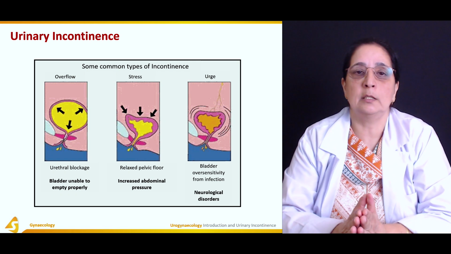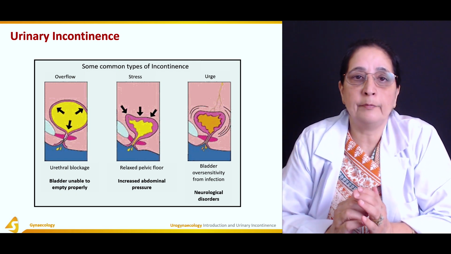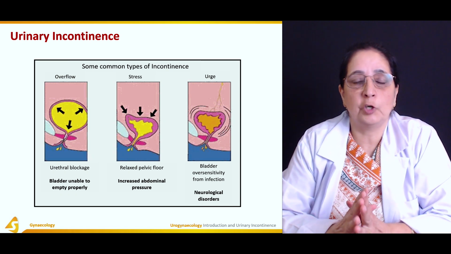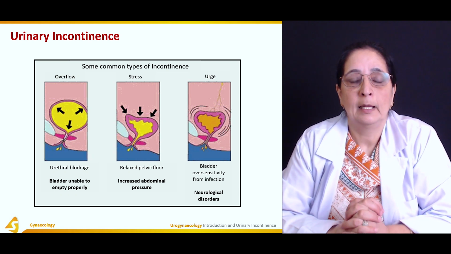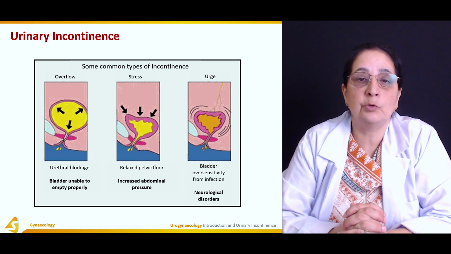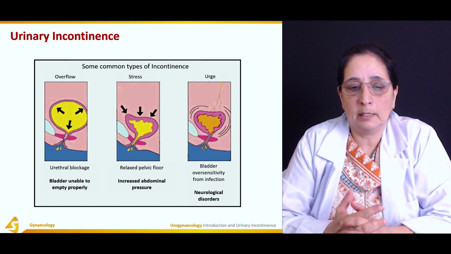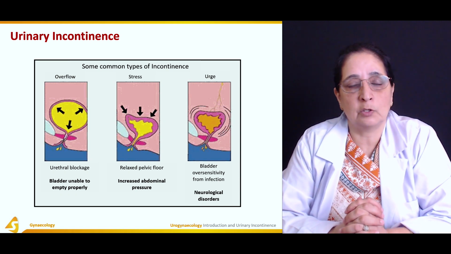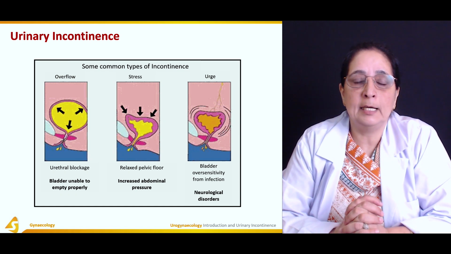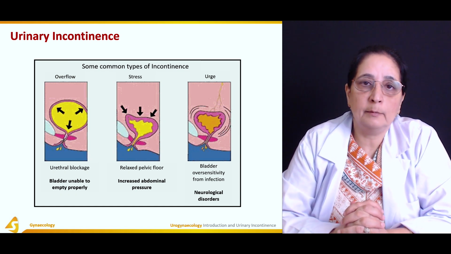Residual urine is the urine that is left in the bladder after the process of micturition or urination. That mainly occurs when there is obstruction in the urethra, like some stenosis or a stone, that leads to incomplete evacuation of the bladder.